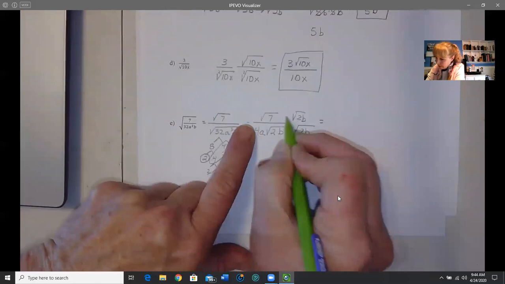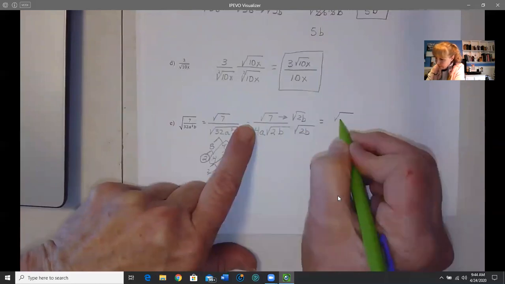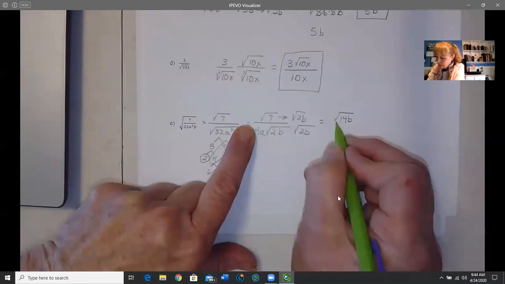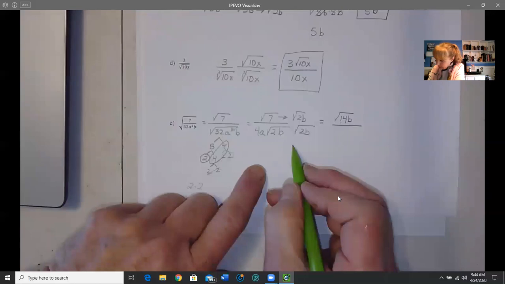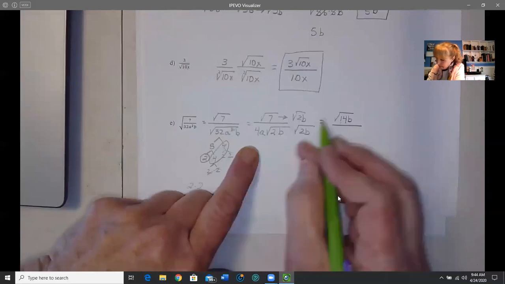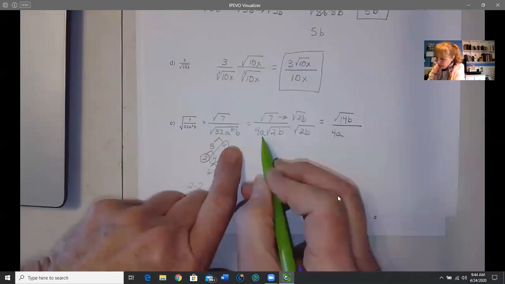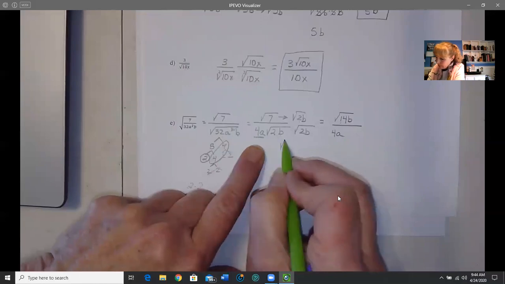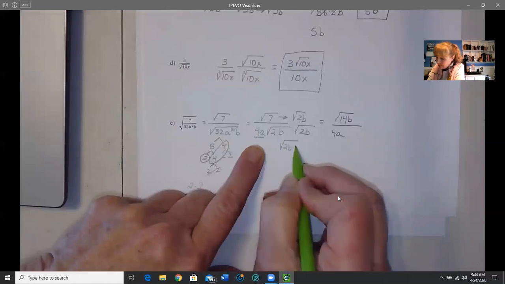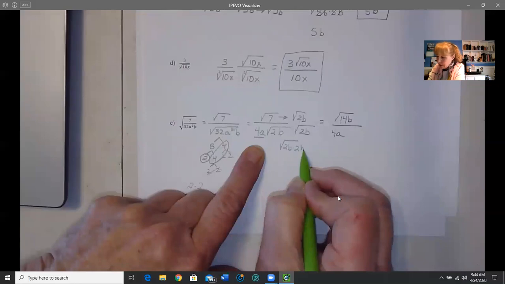That leaves me with the square root of 14b. I'll just leave it, only 1 7 and 1 2. And this right here, you're going to have a 4a, which comes from here. This right here is the square root of 2b times 2b. I have 2 of those. I have 2 2's.